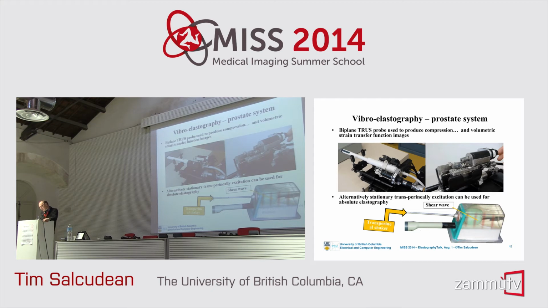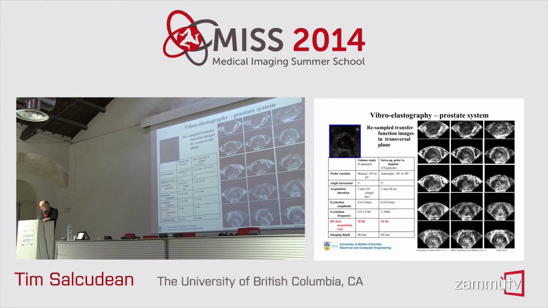We also have a shear wave exciter which goes against the perineum of the subject. And some of the images here are shown qualitatively. You see much, much better internal contrast of the prostate than you get with B mode, okay? You see internal structure, the prostate central zone, okay? You see the ejaculatory ducts.